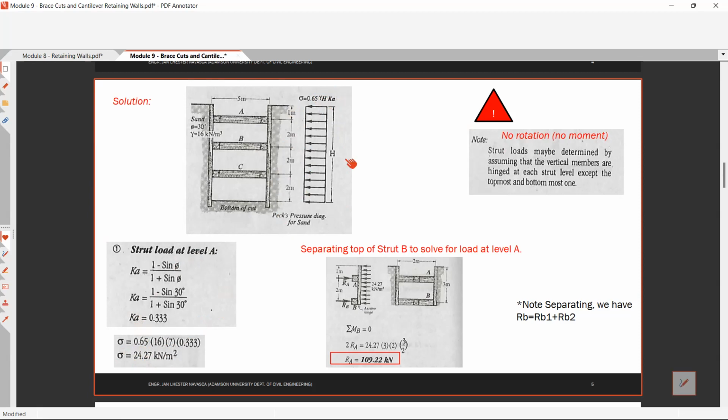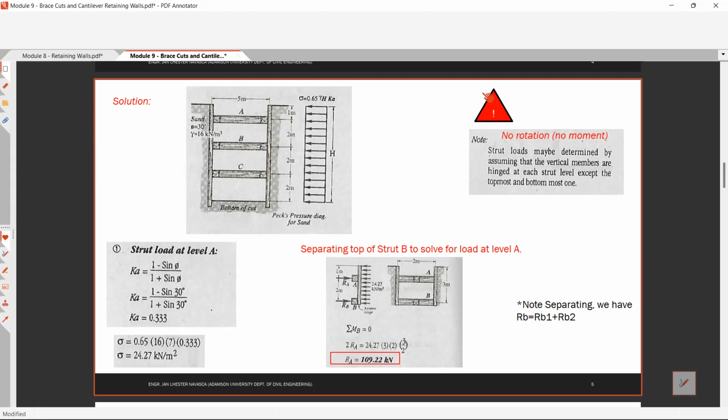Okay. So how are we going to solve for the load at A, load at B, and load at C? Basically, we go back to theory of structures, drawing a free body diagram.